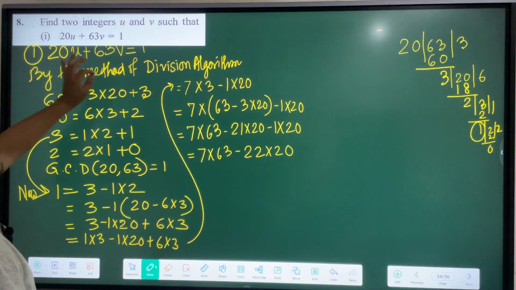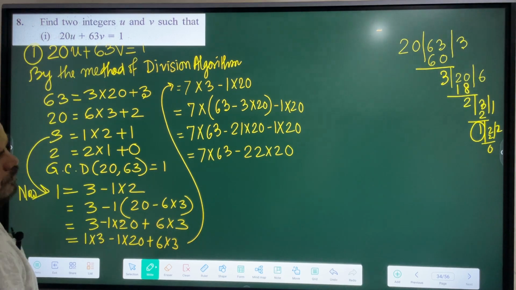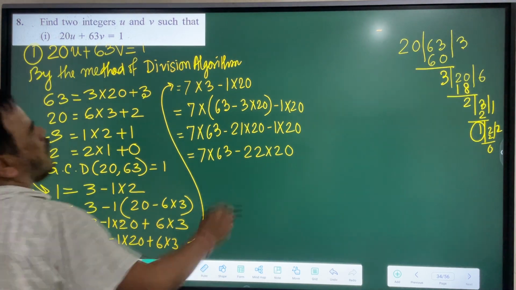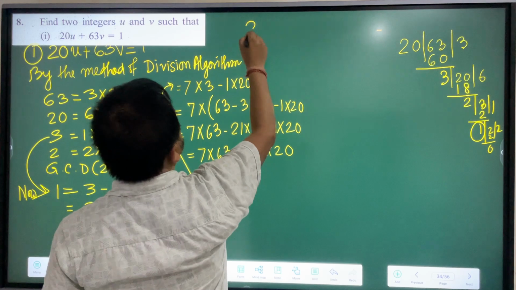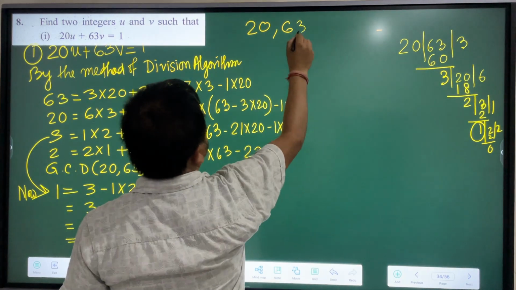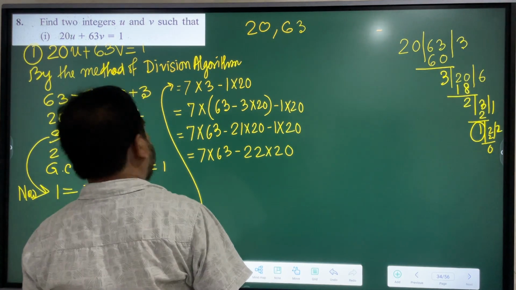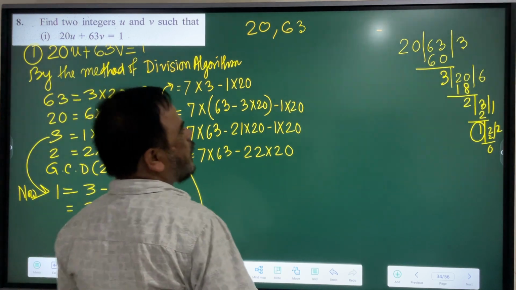So by the method of division algorithm, 63 and 20, 20 is smaller. We try to find the GCD of 20 and 63.